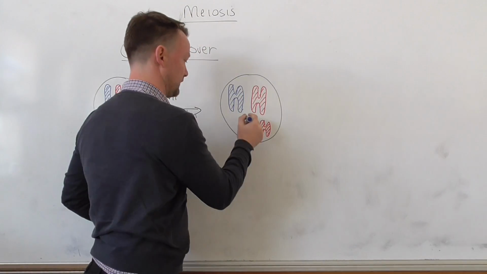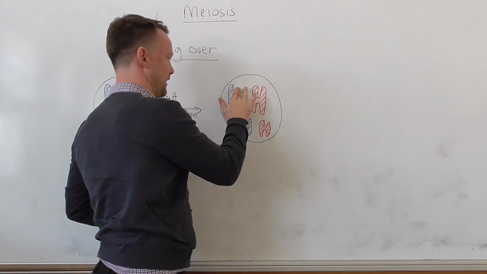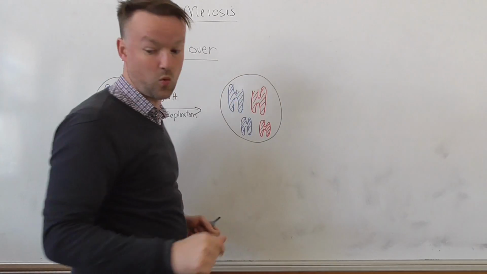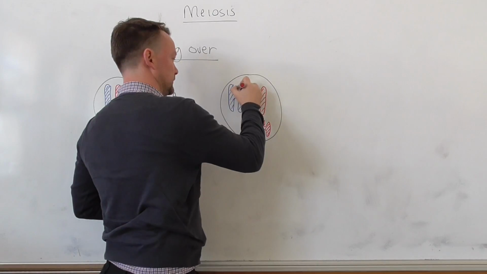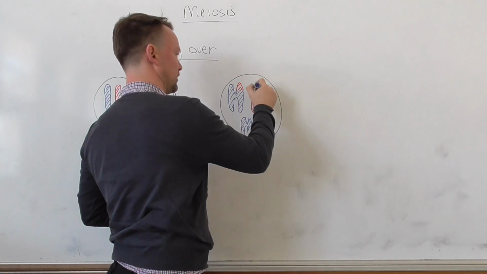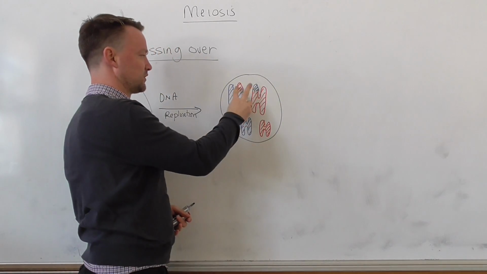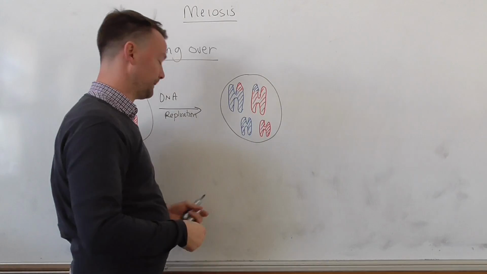So what does that look like? Well, it looks like this, okay? Say this part and this part got swapped. This is crossing over. You've got a definition on this slide about what it is. So these are the 2 parts that have crossed over.